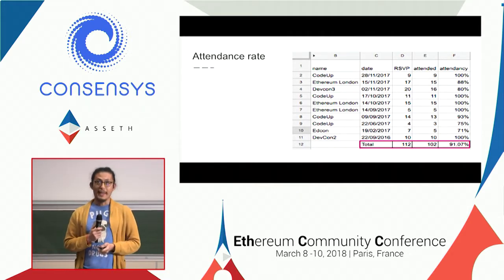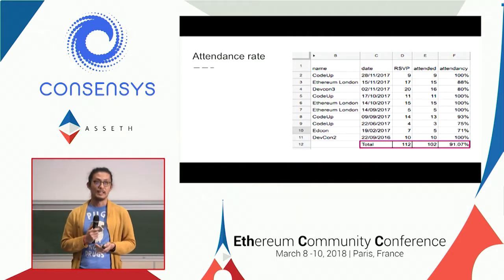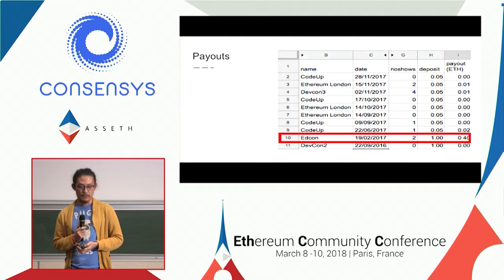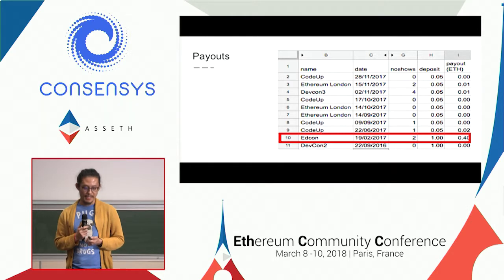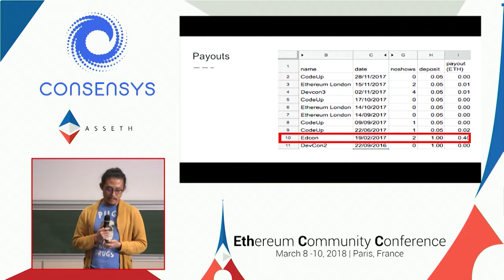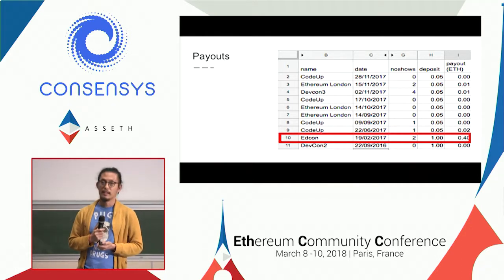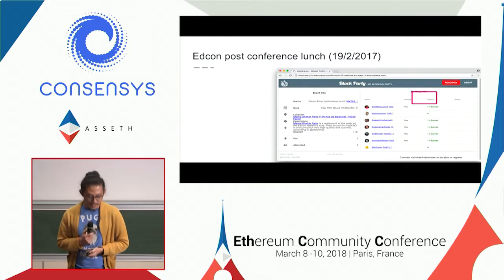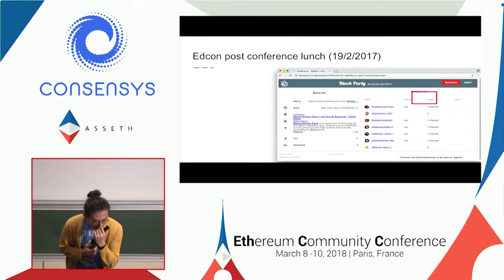As for the payout, most of the time, because you get 100%, you don't get anything, except a few times. Last year there was EdCon in Paris, and I got a payout of 0.4 Ether, because at that time Ether was quite cheap. I put in a deposit of 1 Ether. So this is how it went.